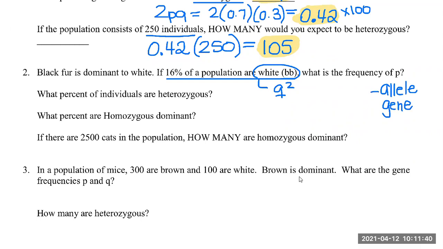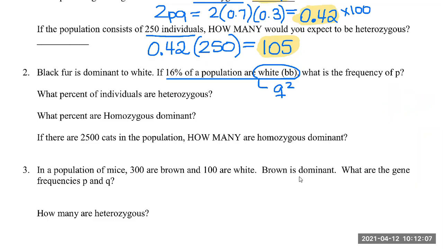So if they're talking about a gene or an allele, then that's going to be P and Q. If they say something about showing a trait, now we're talking about P squared, 2PQ, Q squared. That's the actual percentage of individuals that show a particular trait. So that's the difference.